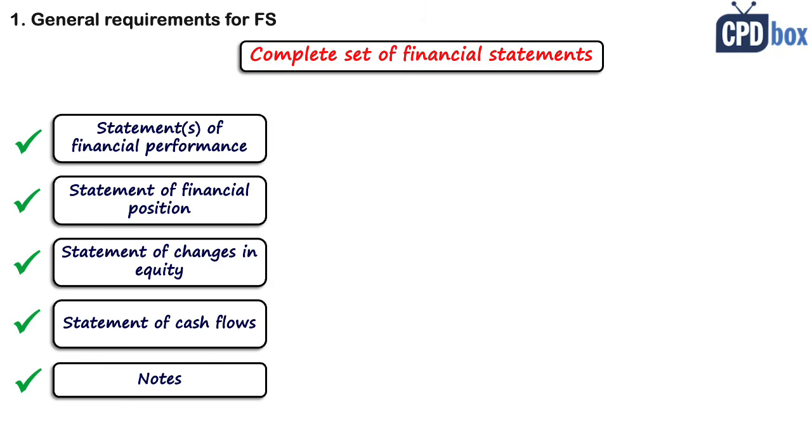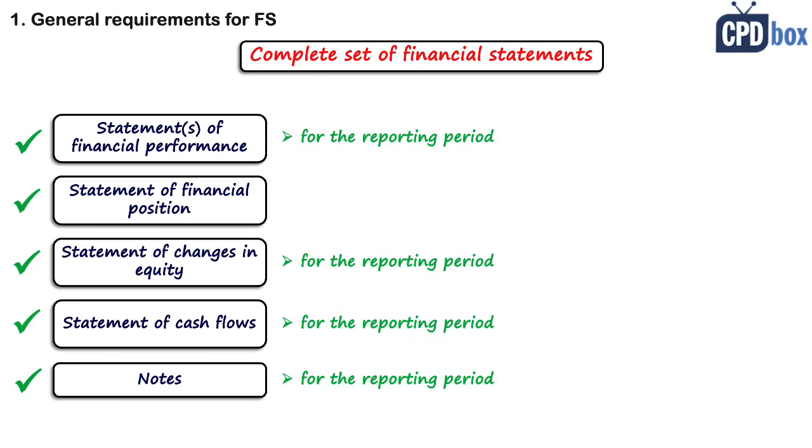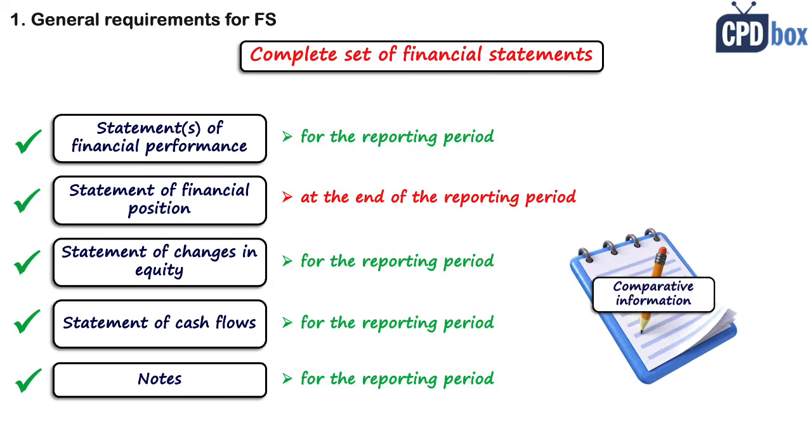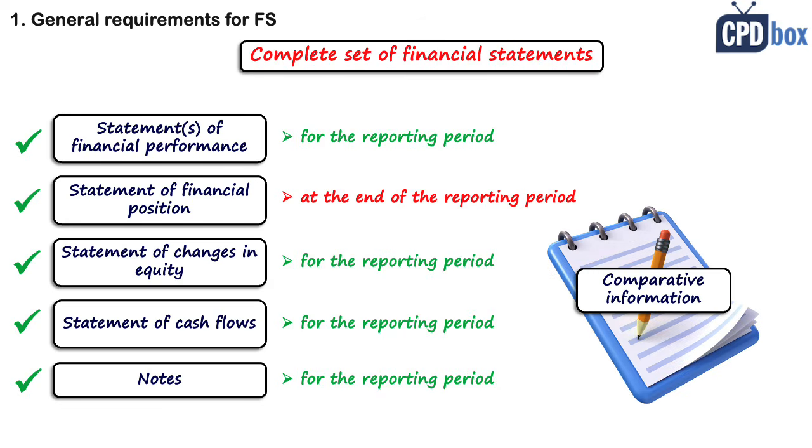Now, all of these components are prepared for the reporting period, telling us a story of what happened during the year or other time period that you're reporting. So they're like a video, well, except for one, which is prepared as at the end of the reporting period. So the statement of financial position is a snapshot, a photograph of what the entity has and owes at a certain point of time.